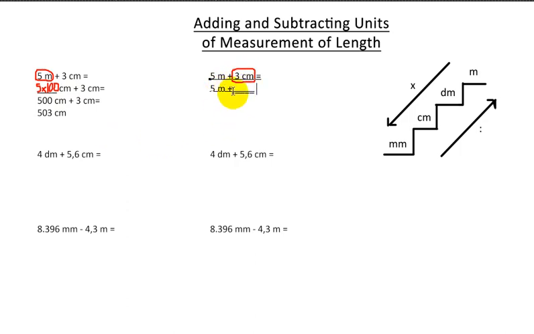So since this is meters, I need to turn this into meters as well. Okay, now let's write the calculation that we need to do. We need to do 3, and we're going from centimeters to meters, so that's 2 steps up. So 3 divided by 100.